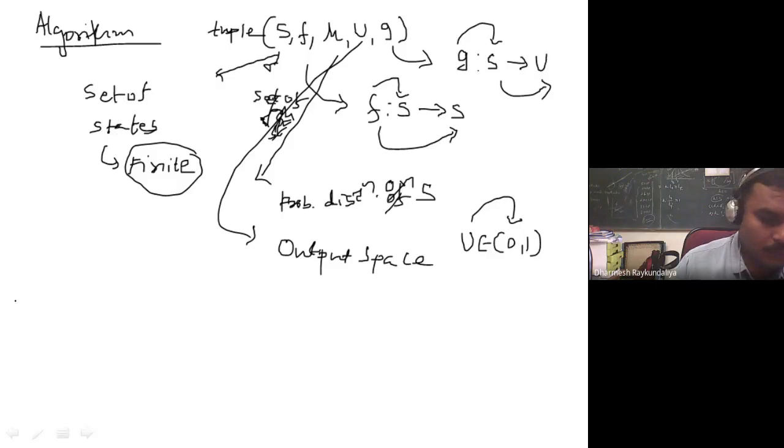So he has given the steps of the algorithm. A few steps he has given, and if you perform these steps, it gives the generic random number generators.